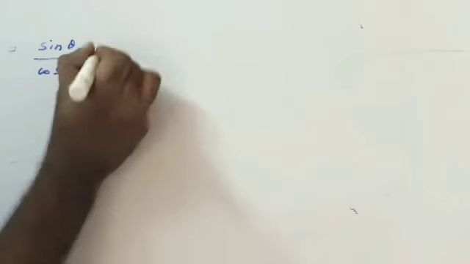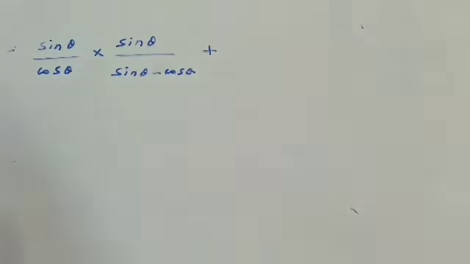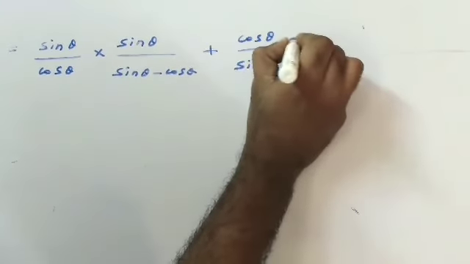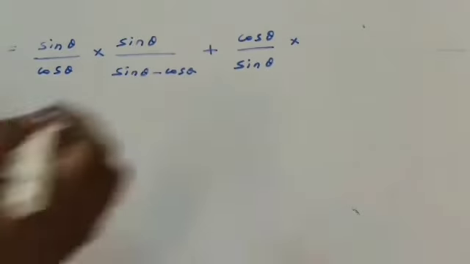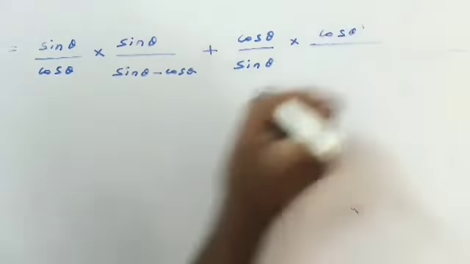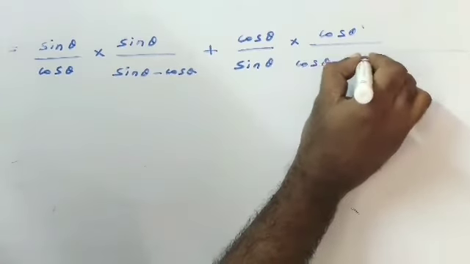Now the denominator becomes reciprocal, that is sin theta divided by sin theta minus cos theta, then plus cos theta divided by sin theta, into the reciprocal value of the denominator, cos theta by cos theta minus sin theta.